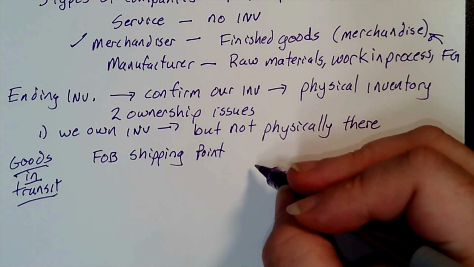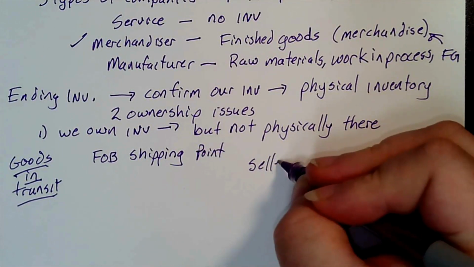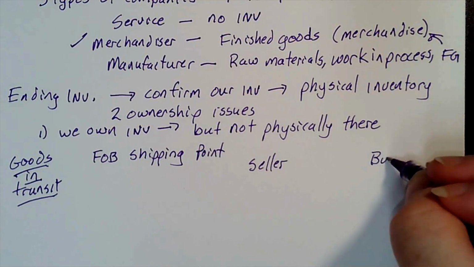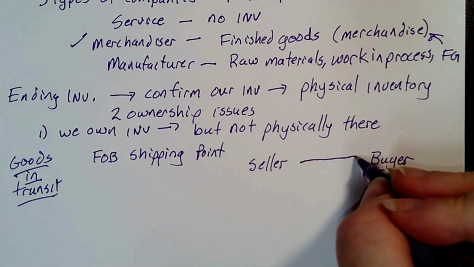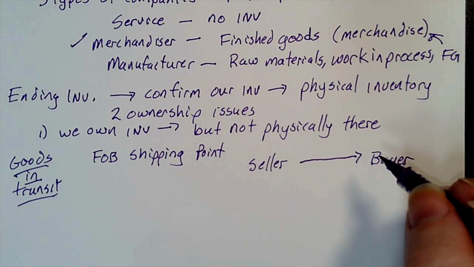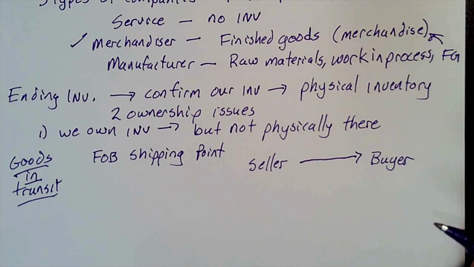So remember, in FOB shipping point, we had a seller and we had a buyer, and obviously the goods have to be shipped from one to the other. In the previous chapter we were concerned with who pays the shipping cost.